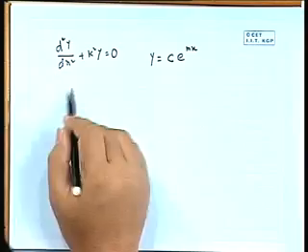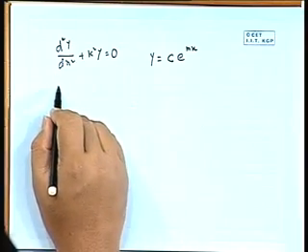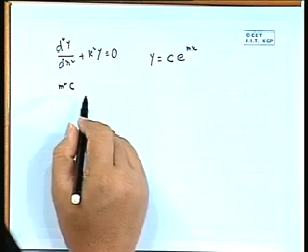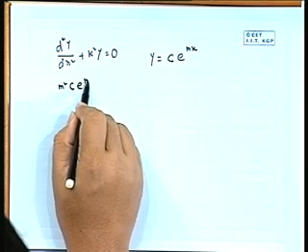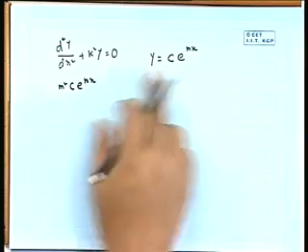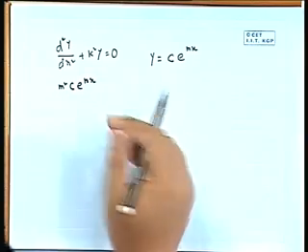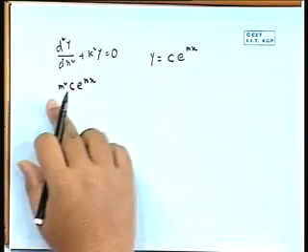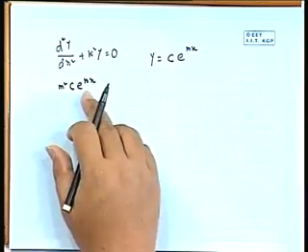So if you substitute here, what you will get is m square c e to the power mx, right. So c e to the power mx will be there. If you take the derivative, c is a constant, e to the power mx, m will come first, and in the second derivative another m will come.